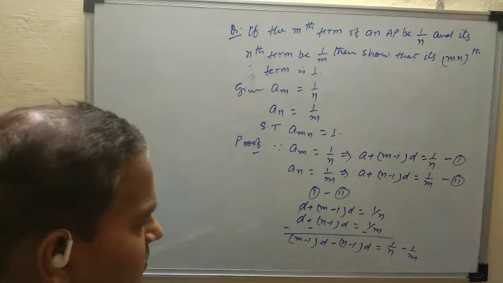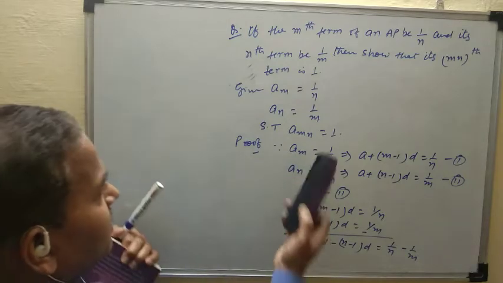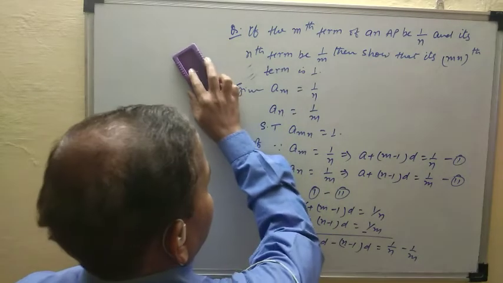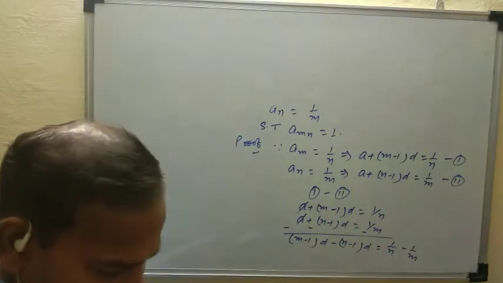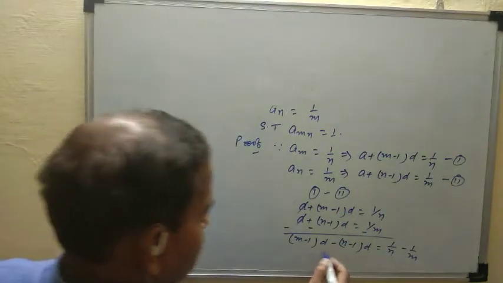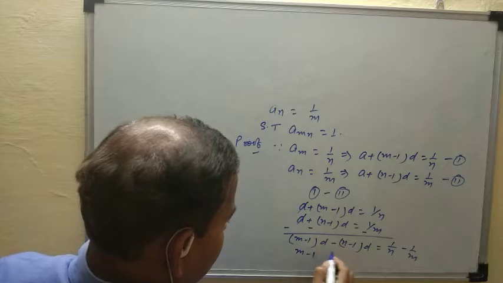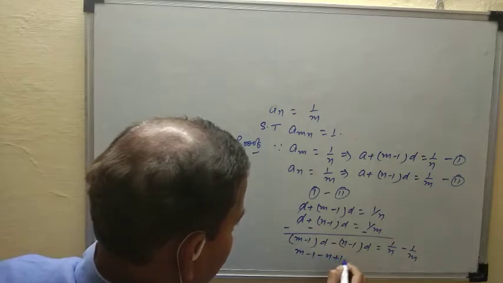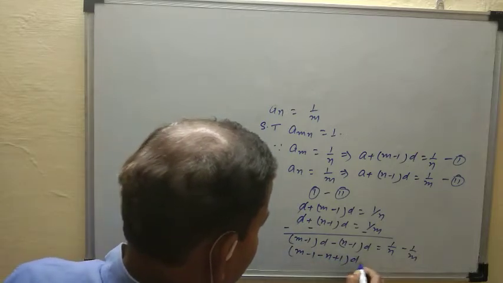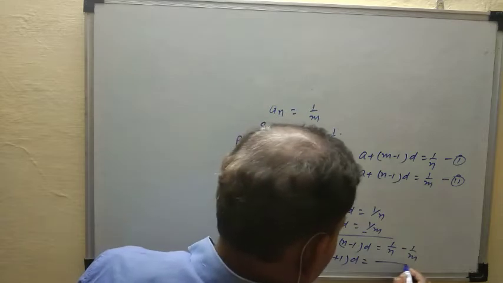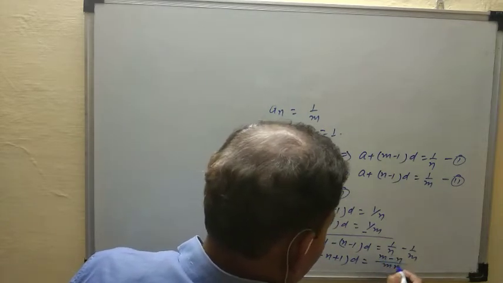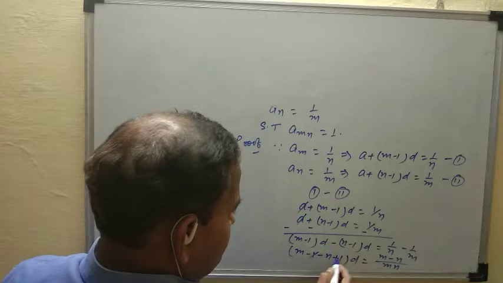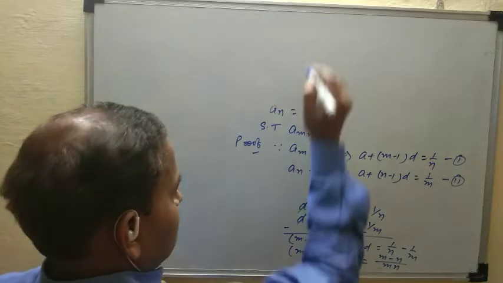Now taking LCM, taking d common on the left side, so m minus 1 minus n plus 1 into d, the right side taking LCM, so m minus n, this minus 1 plus 1 cancels.